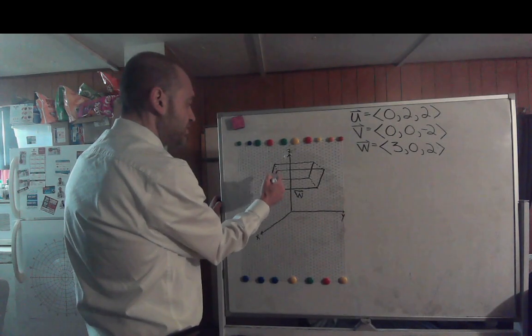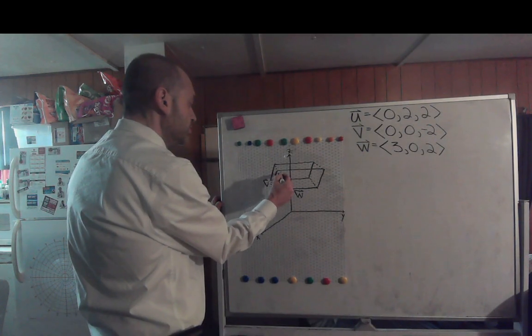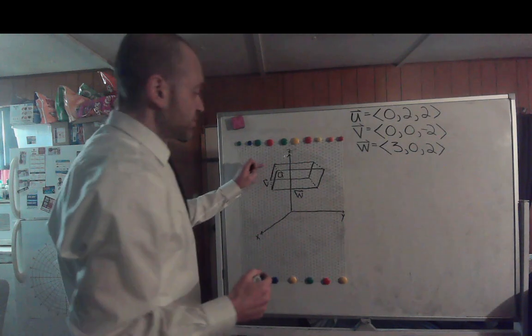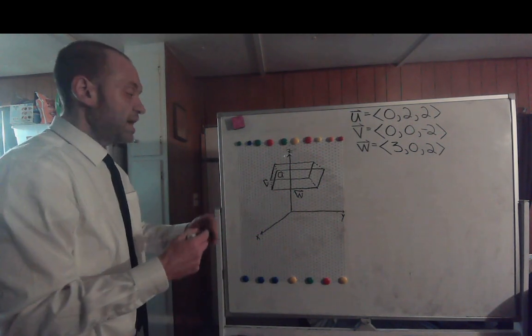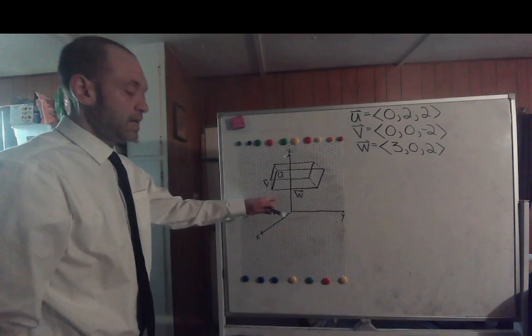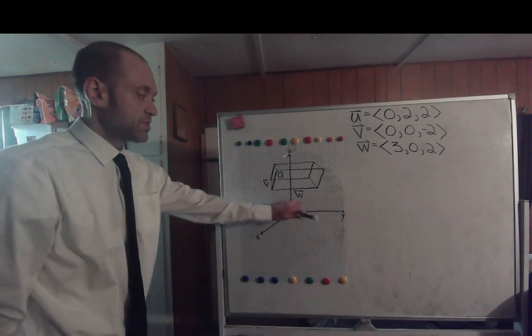So then this length here is going to end up being my vector u. That'll be vector u to represent my height. So I have a parallelepiped with these three vectors.